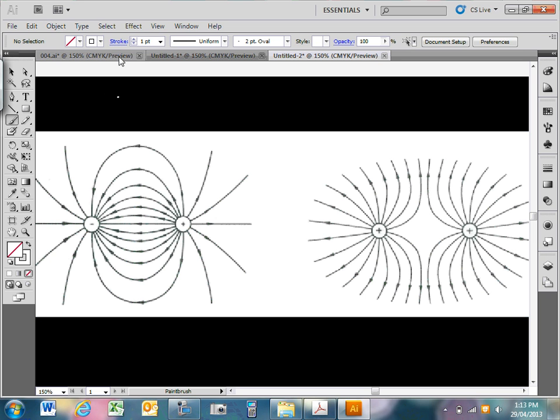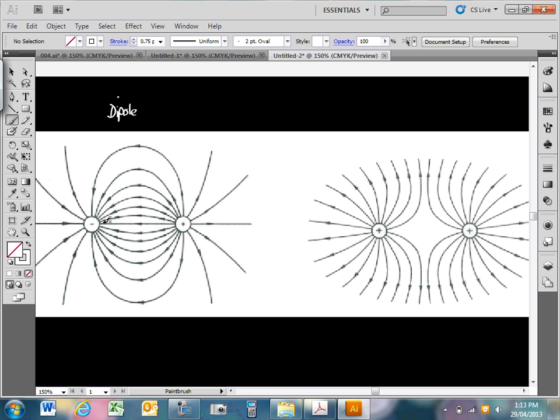We call this a dipole. And you'll notice that from the positive side, the field lines go away, but they go towards the negative. And they take a more direct route the closer they are to that negative. And that has to do with the strength because of the distance.